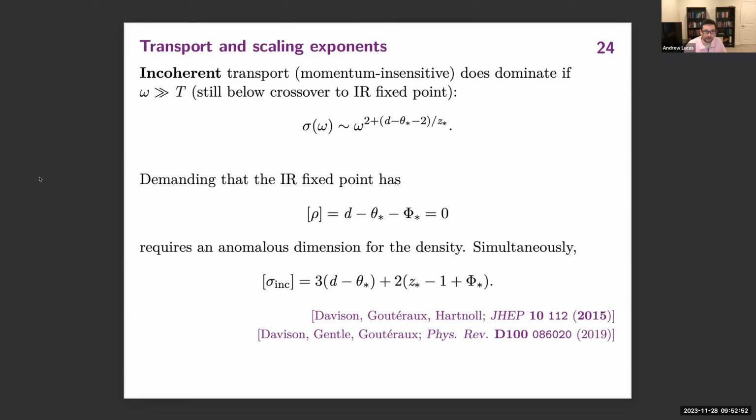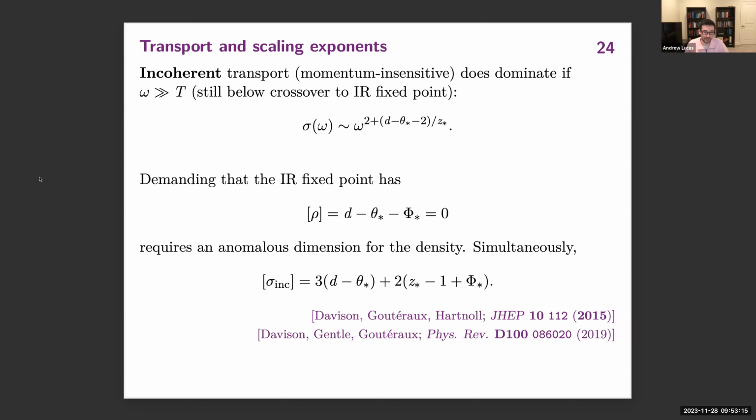And we can check that the frequency dependence of this conductivity is also consistent with previously predicted thermodynamic features of these models. So we expect that at the IR fixed point, the charge density should be a dimensionless operator. It shouldn't be something that can change the IR fixed point.